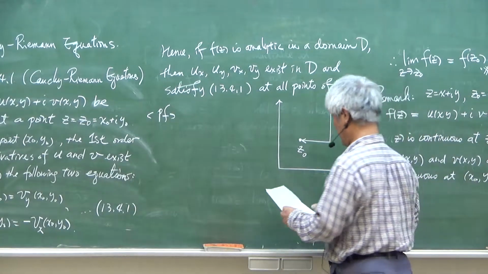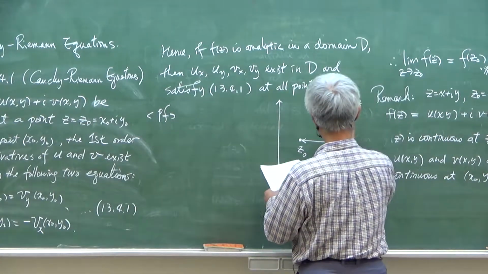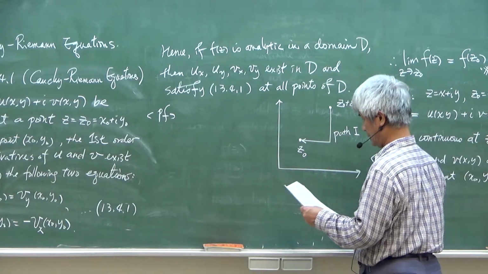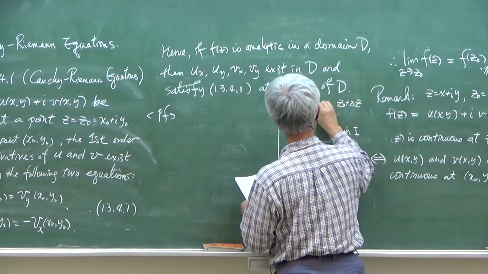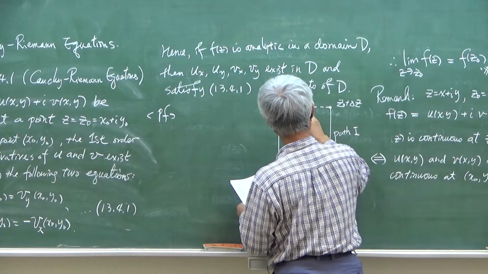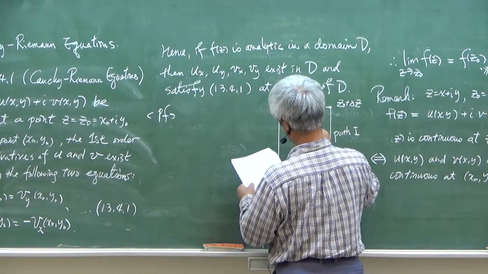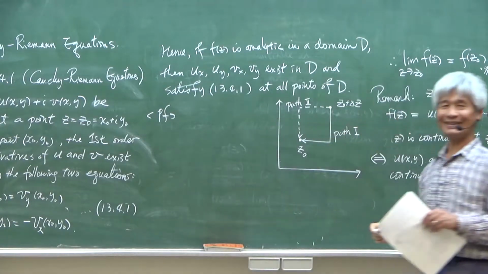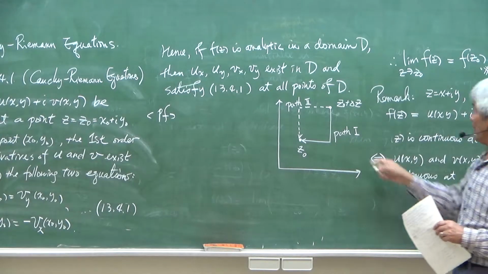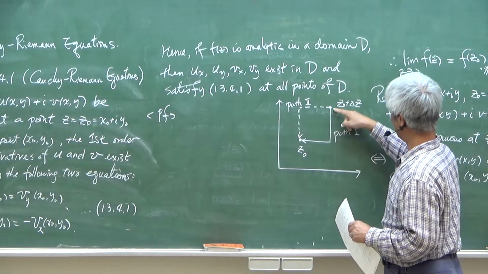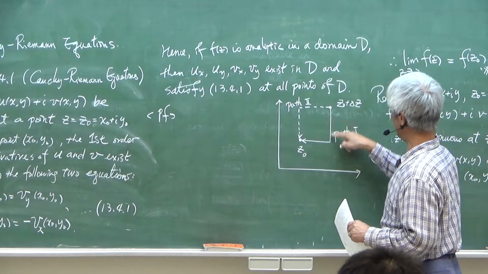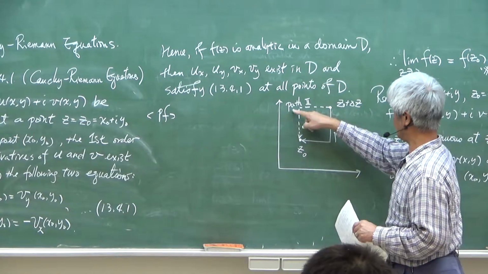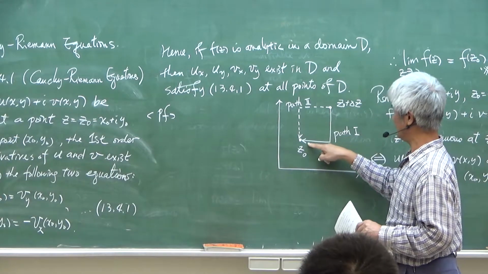And we will select two special paths. The first path, which we call path 1, is like this one. The other is represented by the dash, so we call this path 2. For case 1, we first go from z0 along the y-axis, through the imaginary part, and then through the real part.